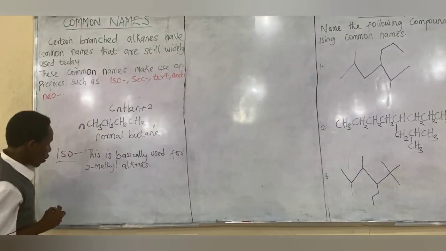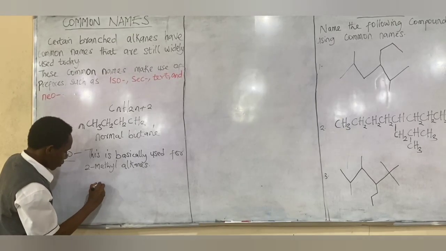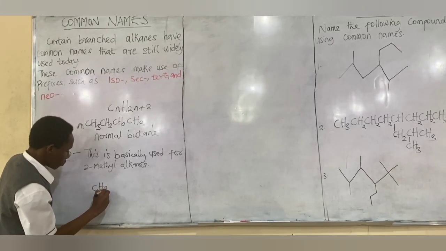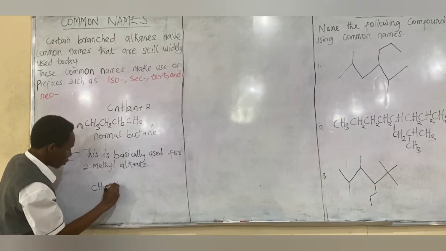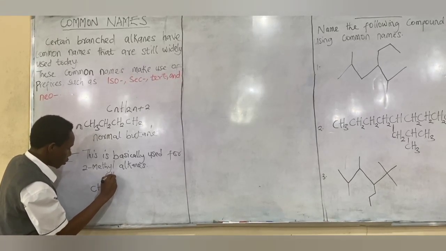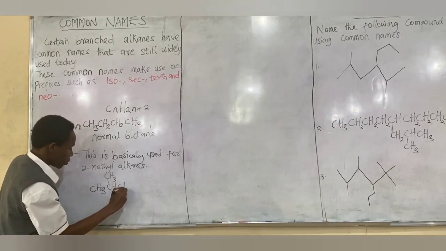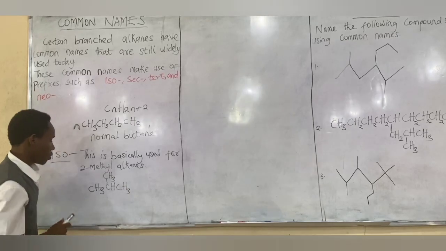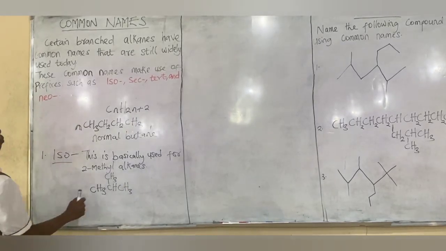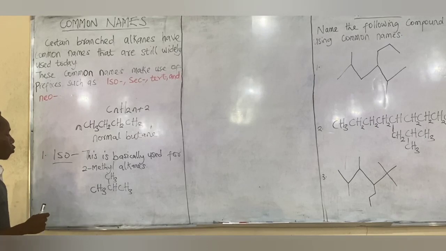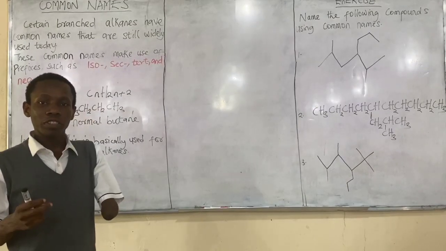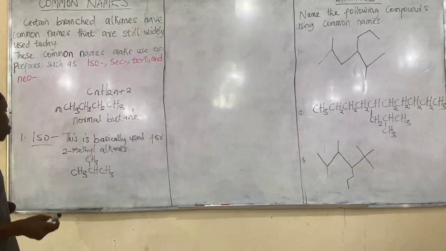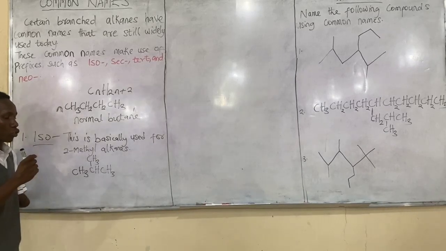Alright, if we have something like this, let's say we have CH3, we have CH, CH3, and CH3. Okay, let's name this compound now using our common name, iso. Iso is basically used for 2-methyl alkane.